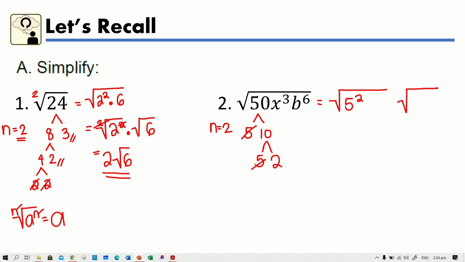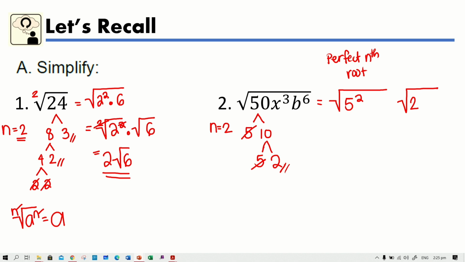So this is the group of perfect nth root. And this one is the other factor. Since 5 squared is a perfect nth root or perfect square, I will place it here. And 2 here will be placed on the other factor.